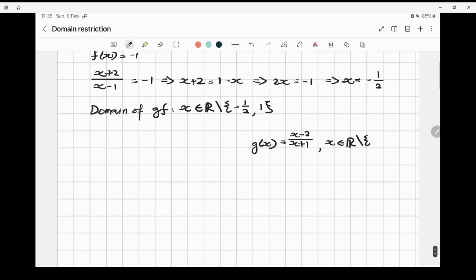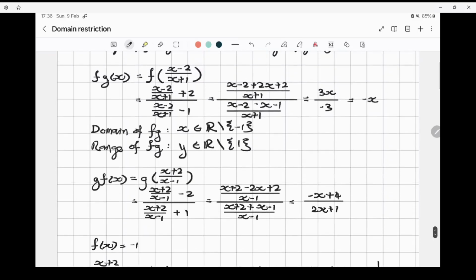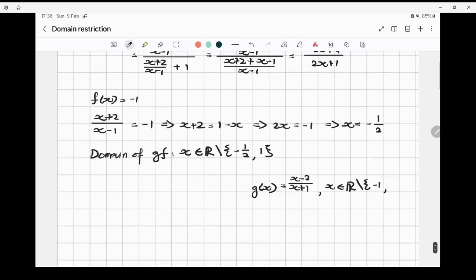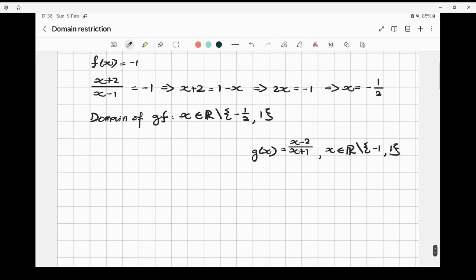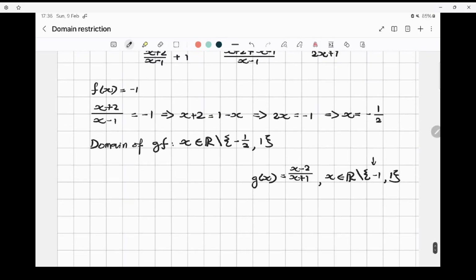So we all see that f of minus 2 equals to minus 1. So definitely you can avoid minus 1. The second point is 1. So this comes from f of minus 1 over 2. The second point here comes from f of x, the horizontal asymptote.